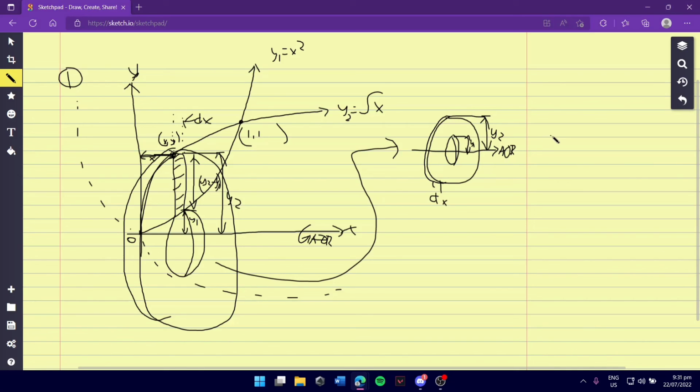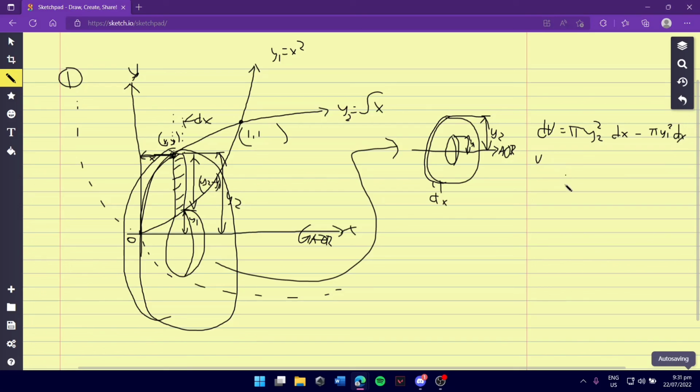Next, solve for the differential volume of the washer. Using the formula pi y squared dx, since it has two, this is pi y2 squared minus pi y1 squared times dx.